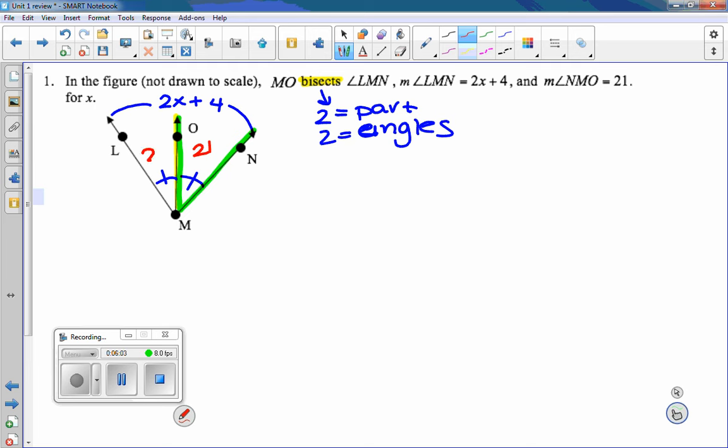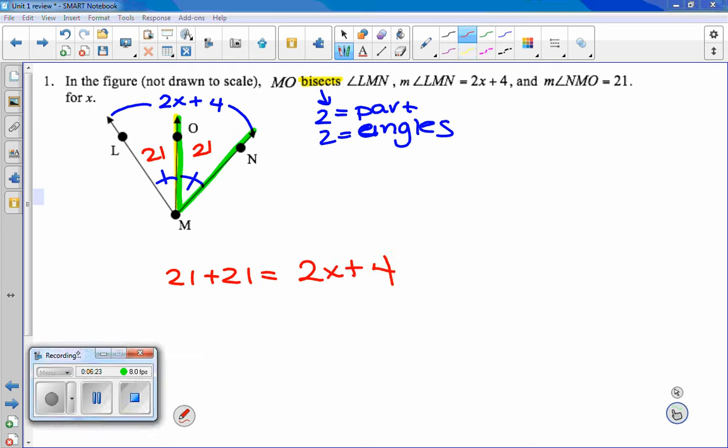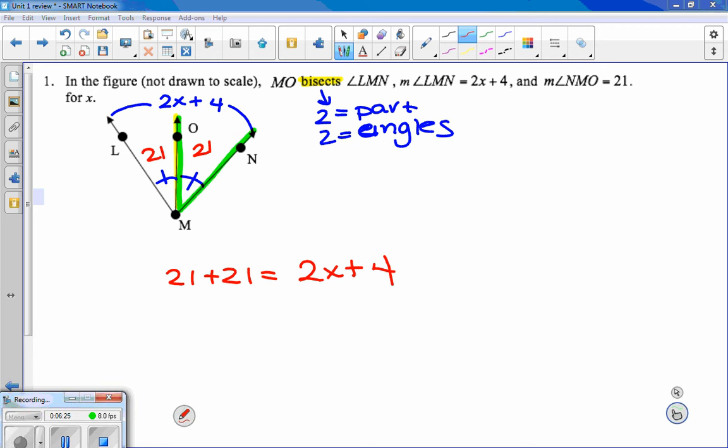Now you have an equation. It's a little backwards, but you have an equation. 21 plus 21 equals 2x plus 4. The two smaller angles add up to be the larger angle. So this is now 42 is equal to 2x plus 4.